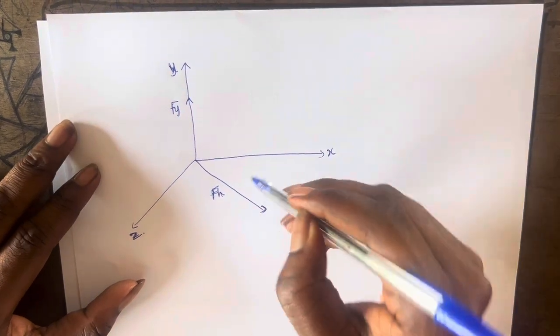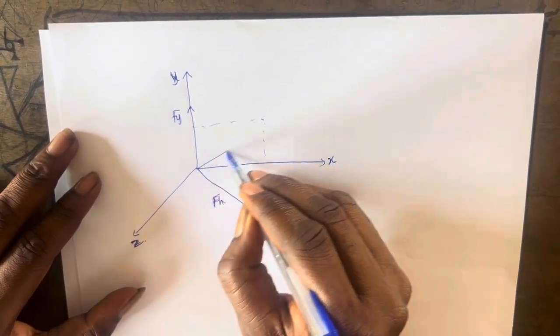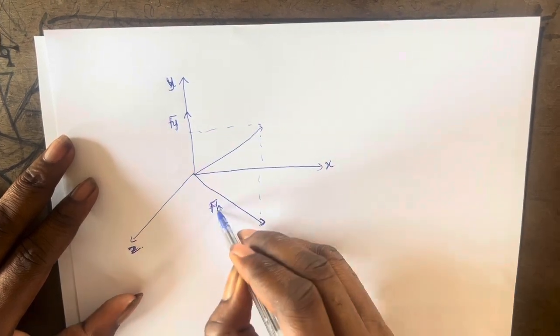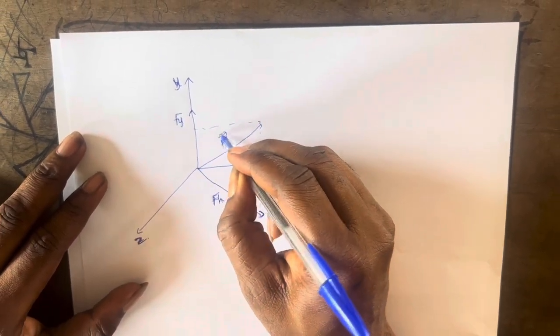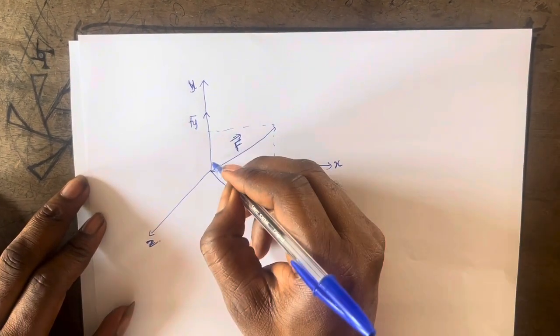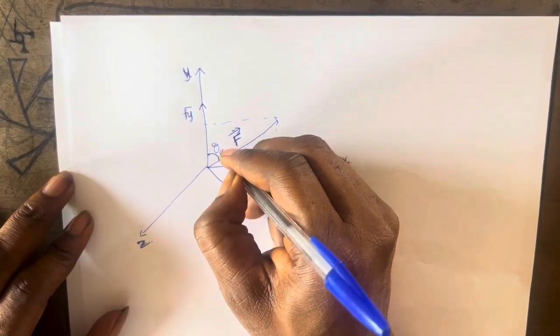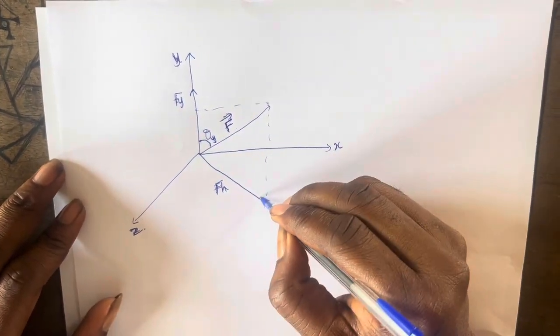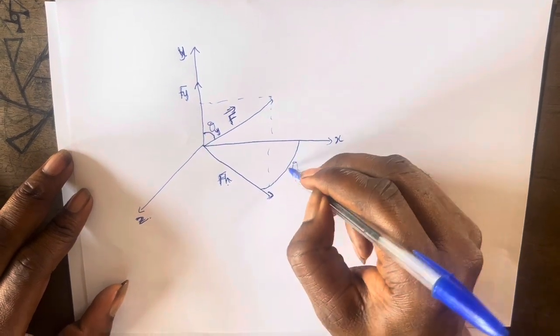Now, the resultant of this particular force, of the Fy and the Fh, is called F. That is the vector force F, the resultant. We say the angle between the Fy and the F is theta y. The angle between the x-axis and the Fh, let's call it phi.